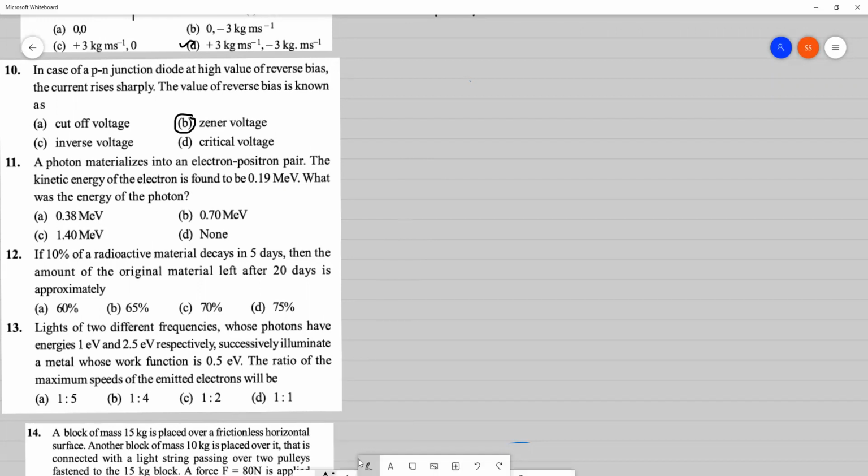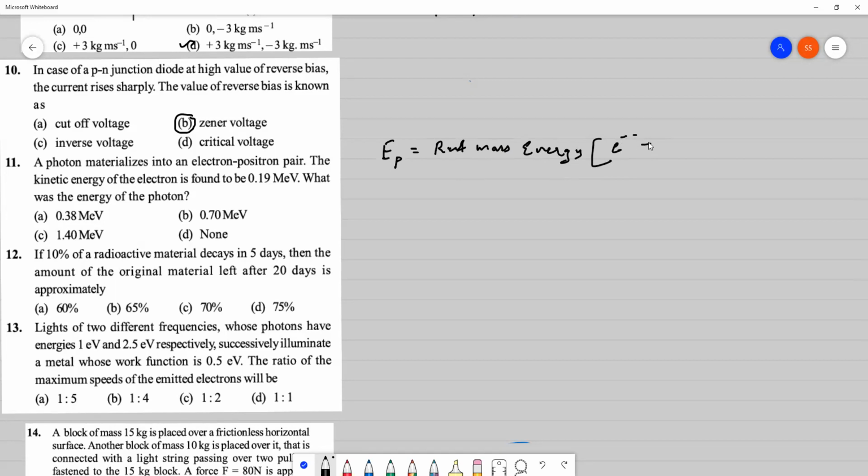The energy of the photon should be equal to the rest mass energy of the electron plus the rest mass energy of the positron, plus the kinetic energy of the electron plus the kinetic energy of the positron.